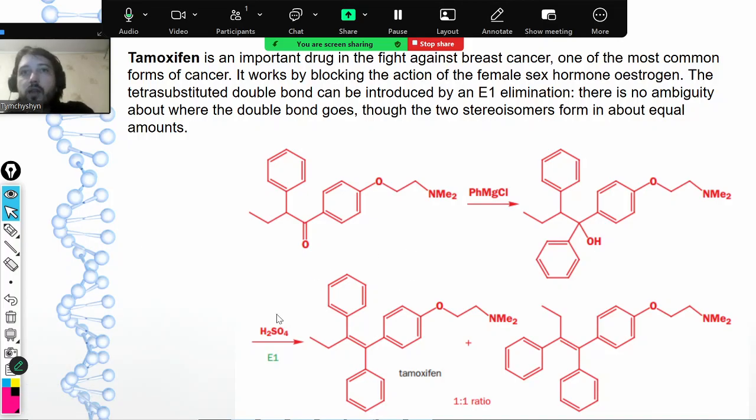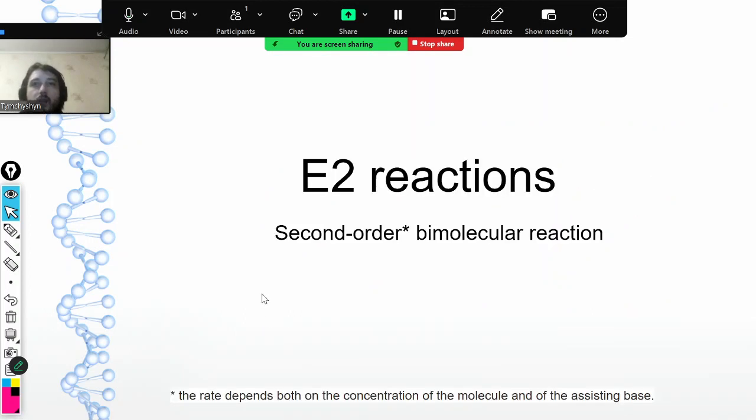So here you see the E1 elimination reaction, and here you get tamoxifen and something else, not sure if useful. Here is the OH group that was eliminated. Once again, it is protonated, and elimination forms this double bond when the hydrogen from this carbon atom leaves.